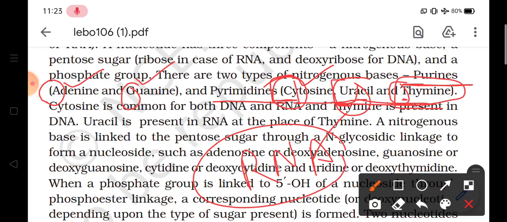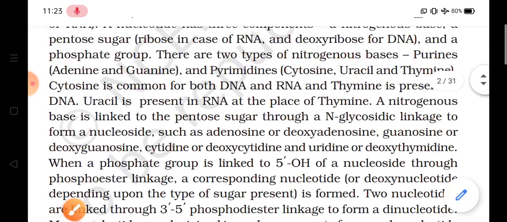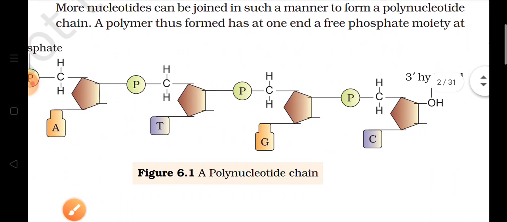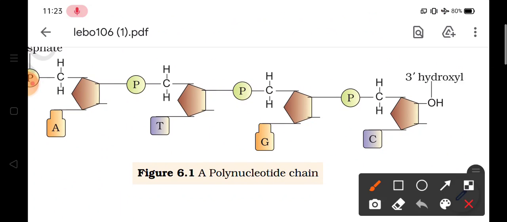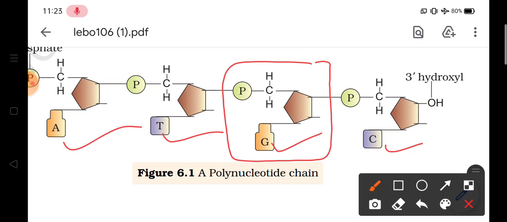Now a nitrogenous base when attached to a pentose sugar, as you are able to see here in this diagram also, this is a nitrogenous base, A, G, T. These are the nitrogenous bases. Suppose we are taking this nucleotide as an example. This is the nitrogenous base G. It is attached with the pentose sugar. And what is present here? One bond is there.